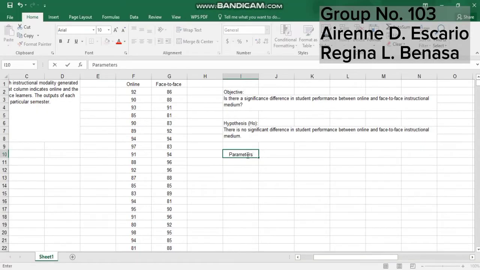Let us put our parameters here. Our significance level is 0.05 with a confidence interval of 95%. And then we have the results. Result number 1 would be the result for the mean of each treatment.